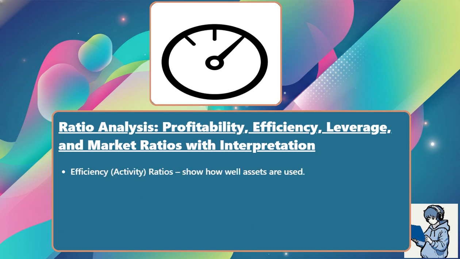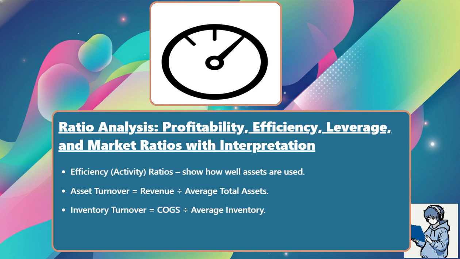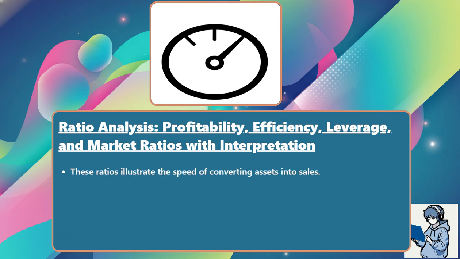Efficiency or activity ratios show how well assets are used. Asset turnover equals revenue divided by average total assets. Inventory turnover equals COGS divided by average inventory. Receivables turnover equals credit sales divided by average accounts receivable. These ratios illustrate the speed of converting assets into sales.